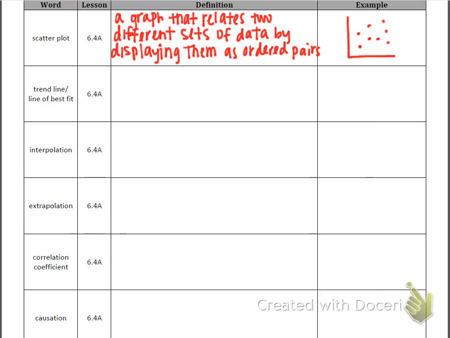So it's close, or as close as we can get. So that's your second definition, is a line on a scatter plot that shows the correlation most accurately.